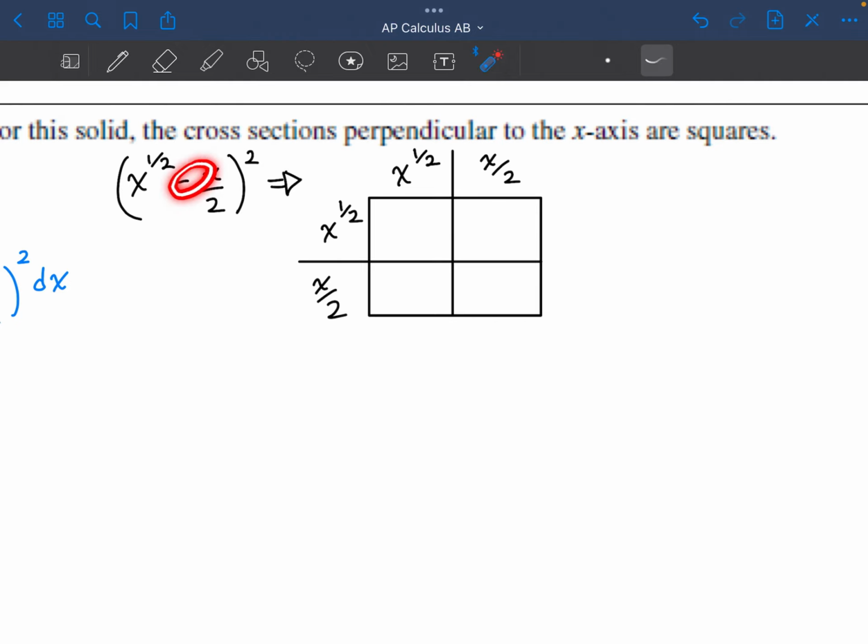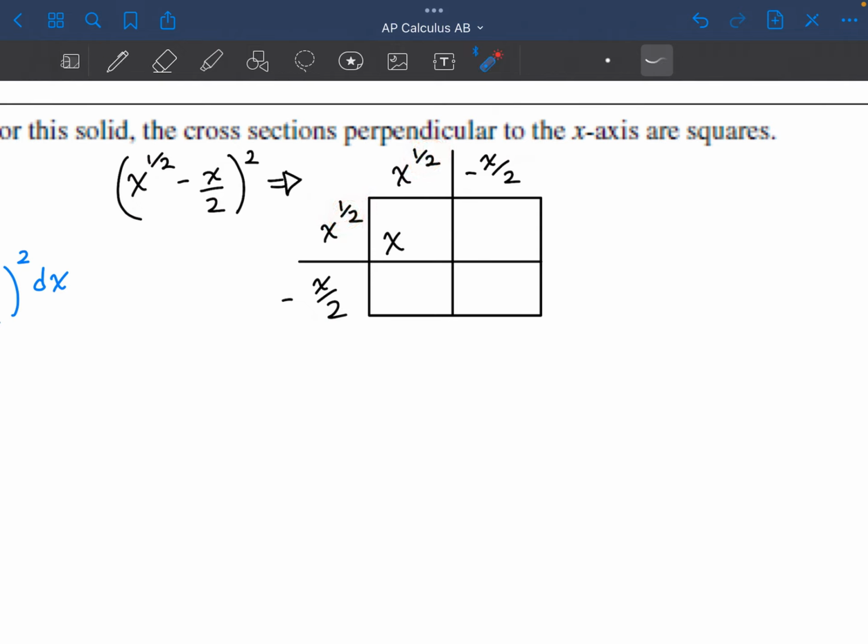I do have a minus x over 2, right? So don't forget that there should be a minus sign in front of the x over 2. And I'm just going to multiply those together. Again, what I essentially have here is this side times this side. And when you multiply and you have the same base, it's still going to have the same base x, and then you're going to add these powers.